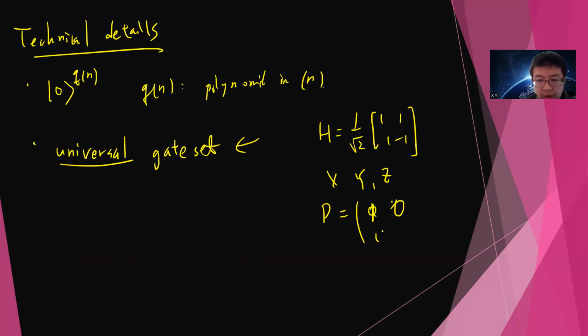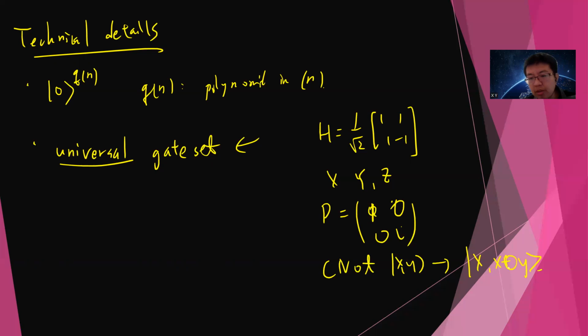There is also the CNOT gate, which maps x, y to x, x XOR y, where the sum is a bit sum: 1 plus 1 is 0, 0 plus 1 and 1 plus 0 are both 1, and 0 plus 0 is 0. And also the Toffoli gate.